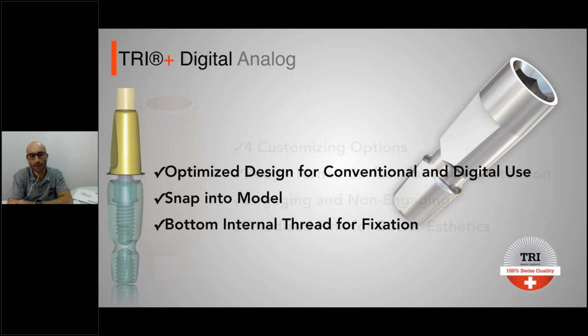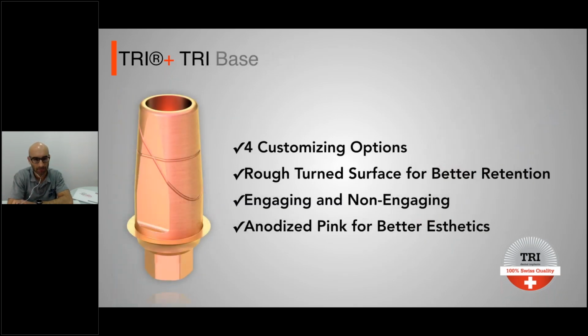Then another component is the T-base. The T-base is a very helpful base for the laboratory, because you have four customizing options. So this is the full base, and then you can see this line. On this line you can cut it, and you have the same design in the library.